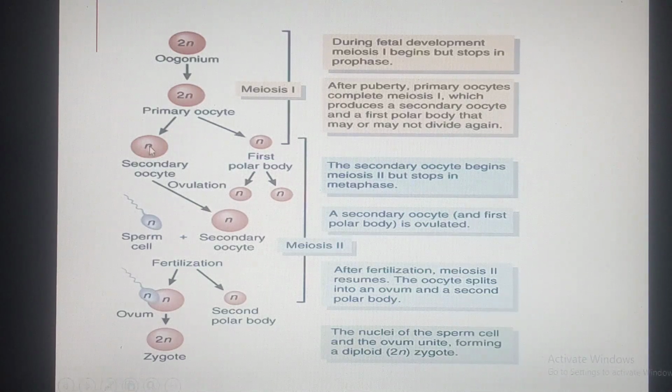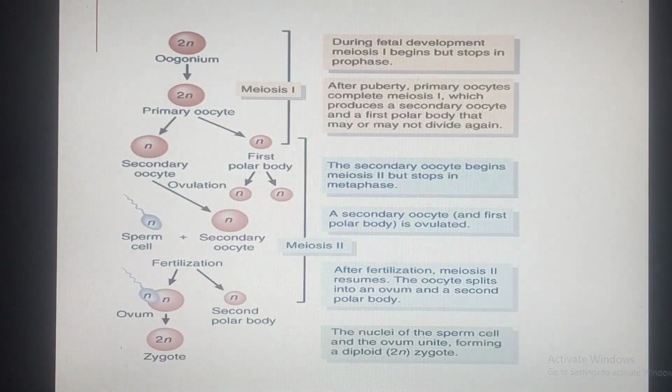After completion, it will give rise to a secondary oocyte and the first polar body. Of course, the first polar body may go through some division, or it may not go through any division again. Now this secondary oocyte, around puberty, will begin its second meiotic division.